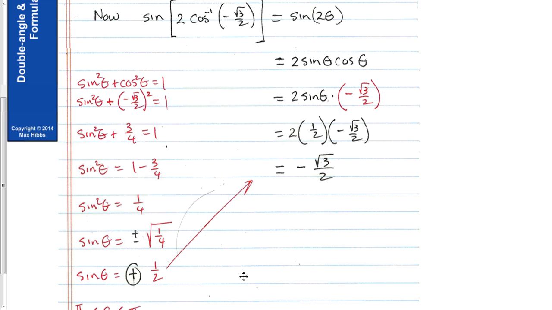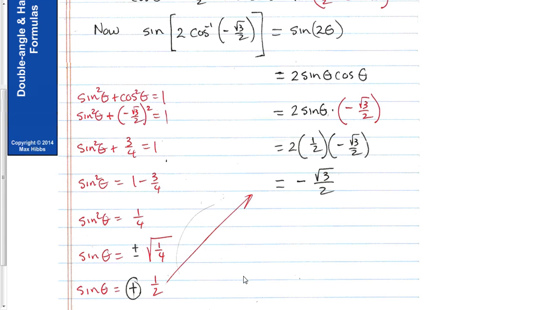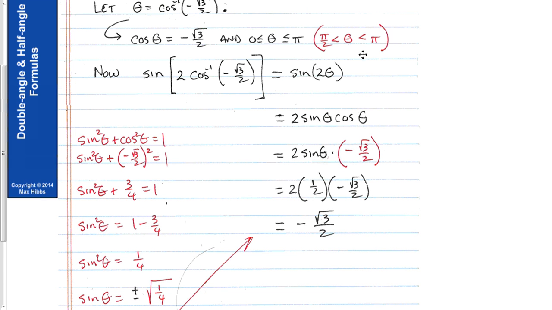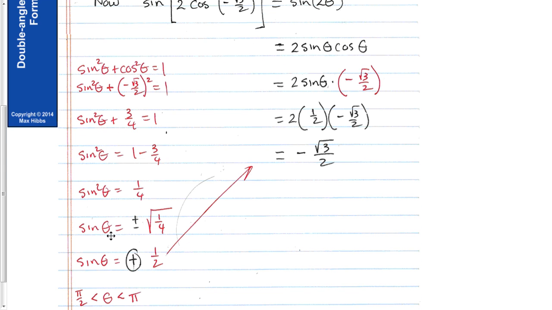But remember what we just said above. We know theta is between 0 and pi, but it doesn't really matter there. The sine in the first or second quadrant is positive. And so we know that we don't have a negative value, we have a positive value.